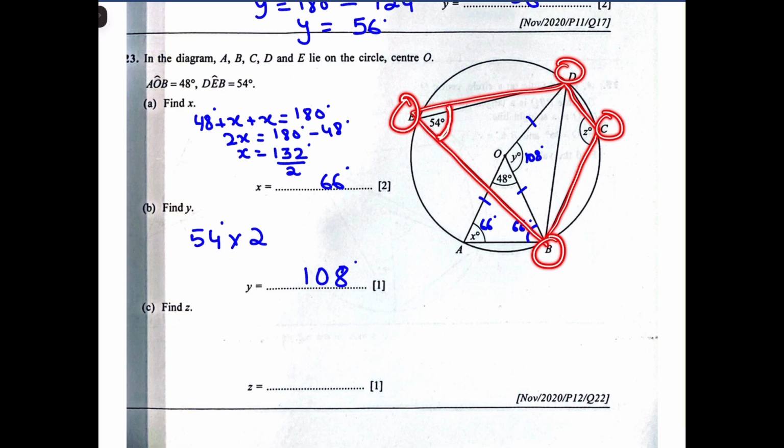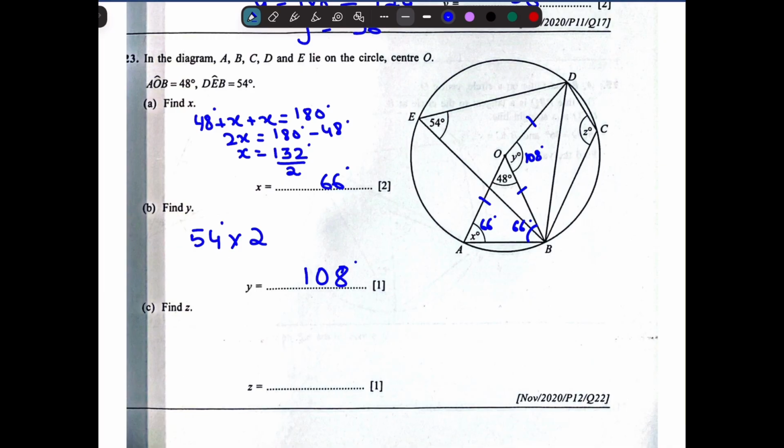So 54 plus z should be 180. All right. So 54 plus z should be equal to 180 degrees. So z comes out to be 180 minus 54. So we have z as 126.